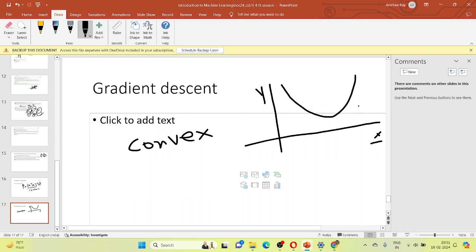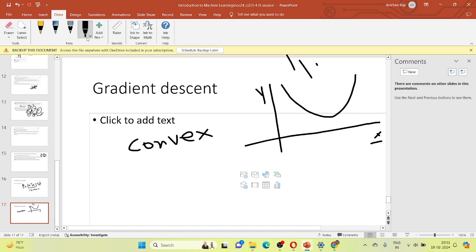So the convex function, what it means is like a bowl shaped function. Means if you pour water, it will fall into it, right, like that. So that is a convex function.